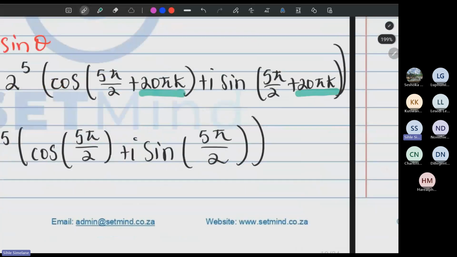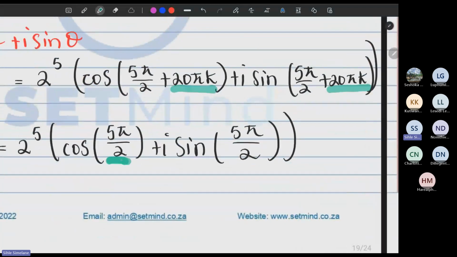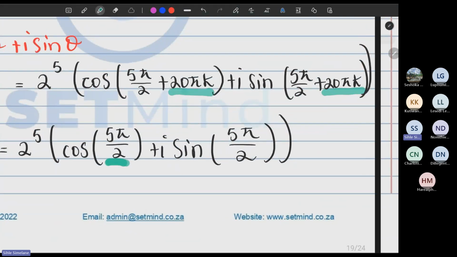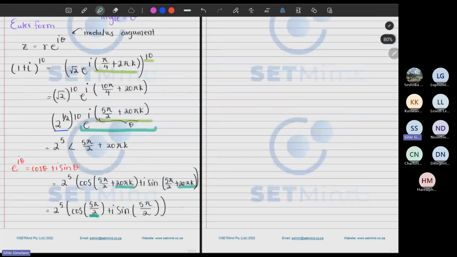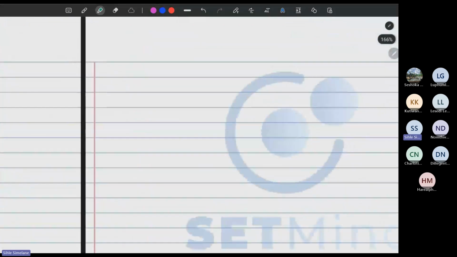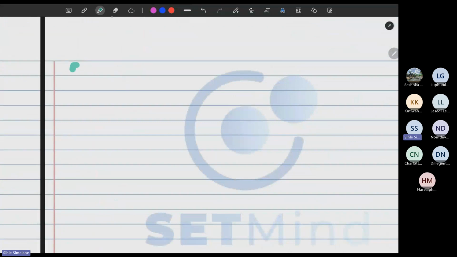So we need to reduce this into our special angles, which we know. So let's quickly see how we can reduce 5 pi over 2 to something which we know. So let's look at 5 pi over 2. For 5 pi over 2, we can write it as 4 pi over 2 plus pi over 2.